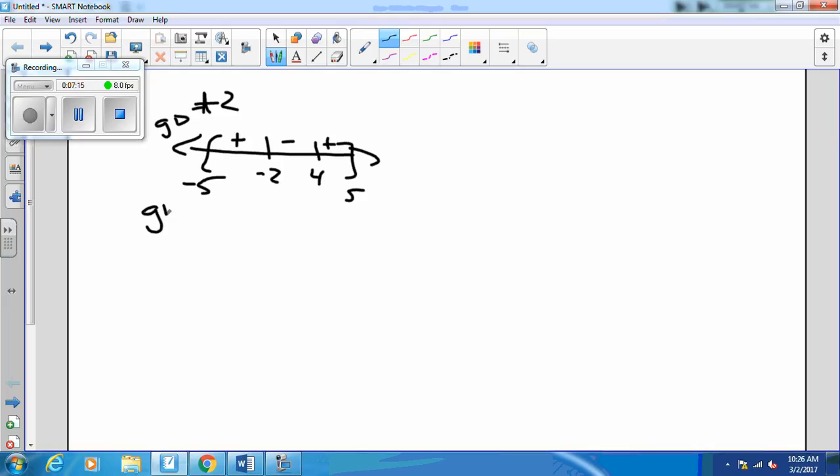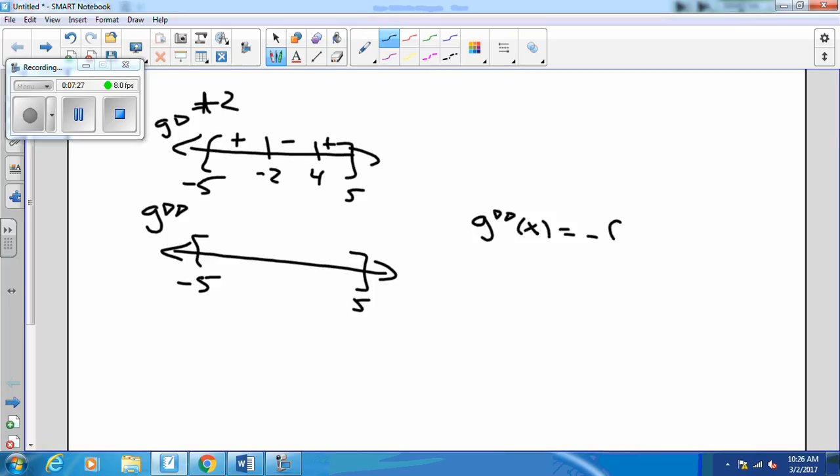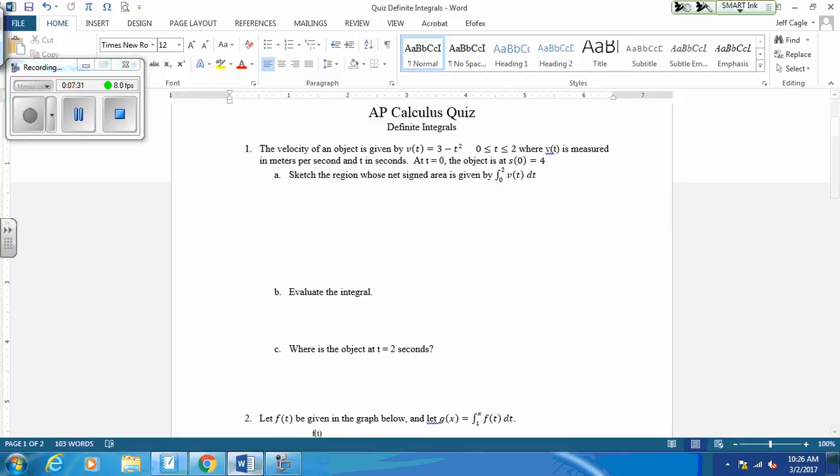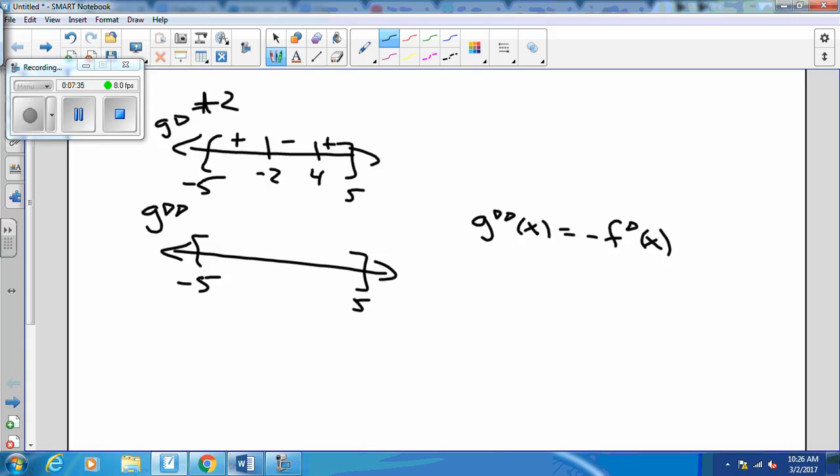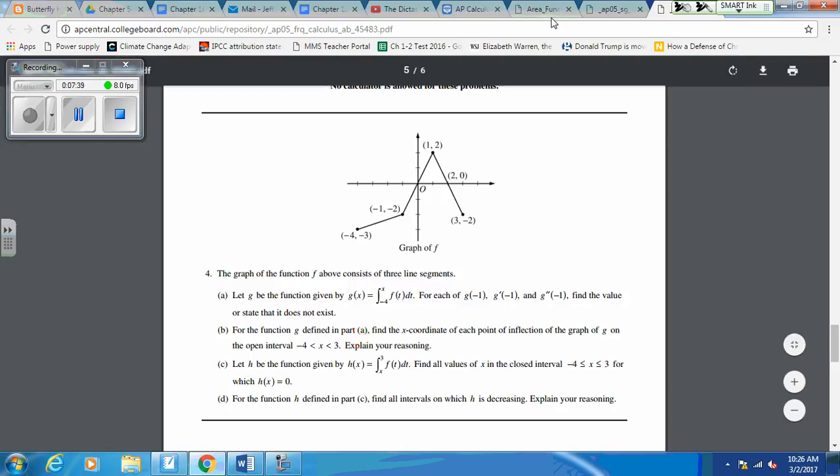And we didn't put together a G double prime number line, but I think we can, since G double prime was equal to -F prime.